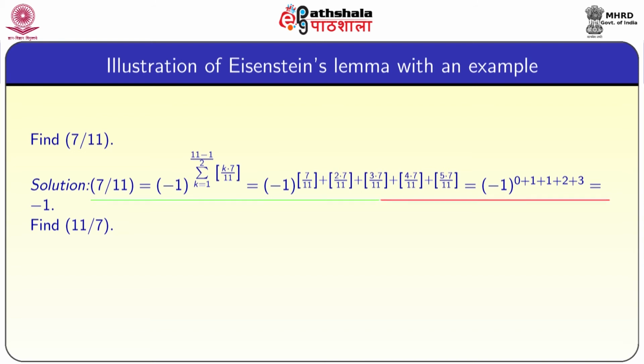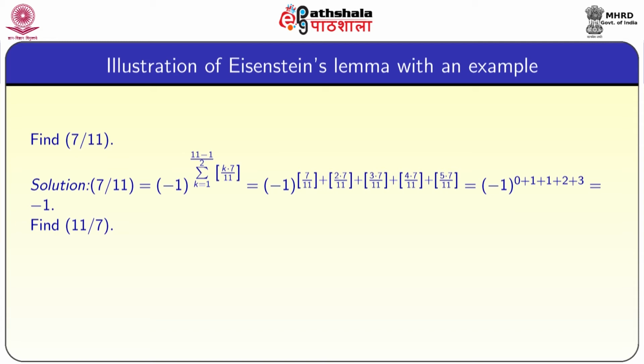So, minus 1 whole power floor of 7 by 11 plus floor of 2 into 7 by 11 and so on plus floor of 5 into 7 by 11, which is equal to minus 1 whole power 0 plus 1 plus 1 plus 2 plus 3, which is equal to minus 1. That means that 7 is not a quadratic residue modulo 11.